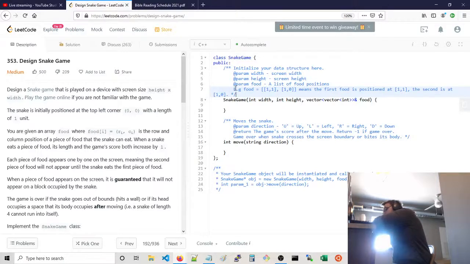and we can do a couple things. We could put the snake's positions into a queue and also maintain the snake's positions in an unordered set.